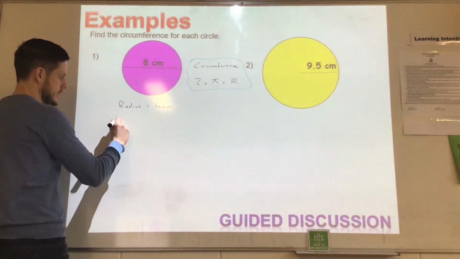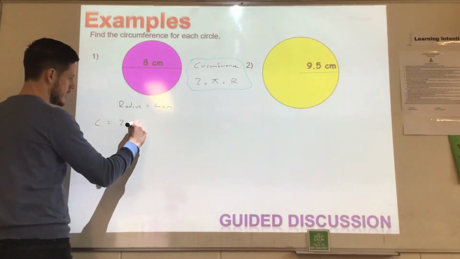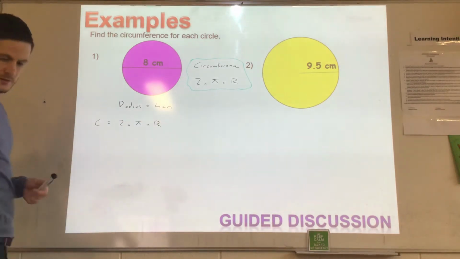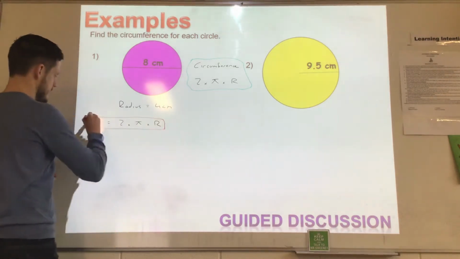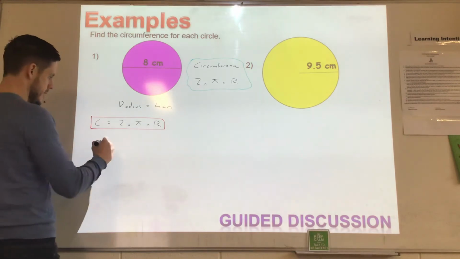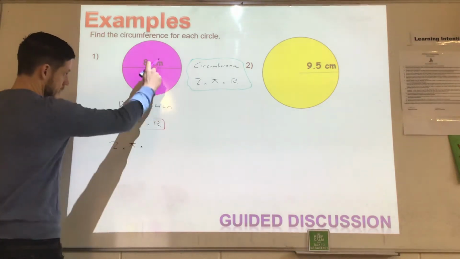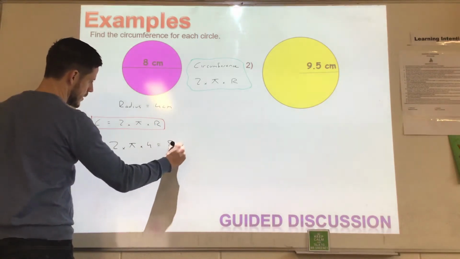Our formula for the circumference is 2 multiplied by pi multiplied by r, which is the radius. So all I'm going to do now is sub the radius into this formula. So it's going to be 2 multiplied by pi multiplied by 4, and on our calculator that might give us 8 pi.